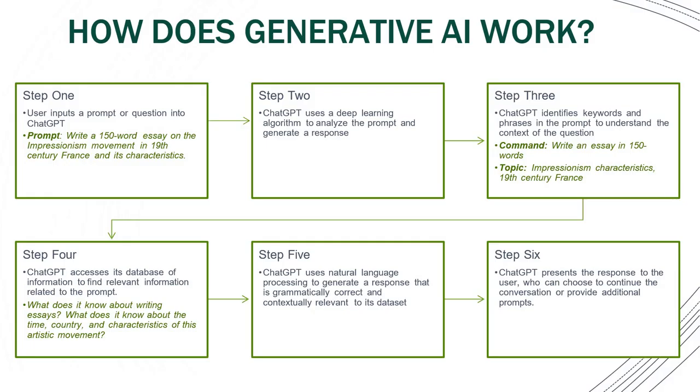And then using natural language processing, it generates a response that is grammatically correct and contextually relevant to its dataset. And once it is done, it presents the response to the user who can choose to continue the conversation or provide additional prompts. So this is the basic thing of how a generative AI works for text.